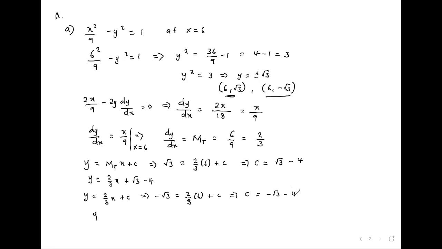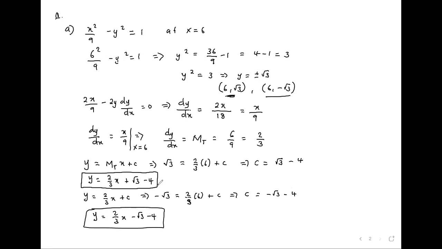So y is 2 over 3 x minus root 3 minus 4. So this one and this one, these are the tangent ones. What about the other ones?